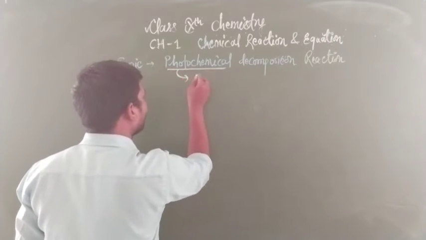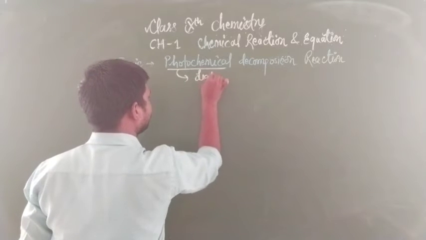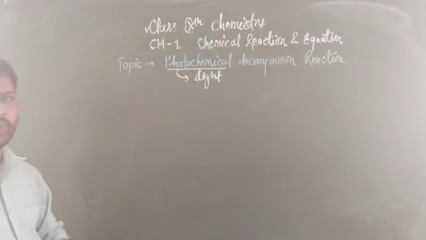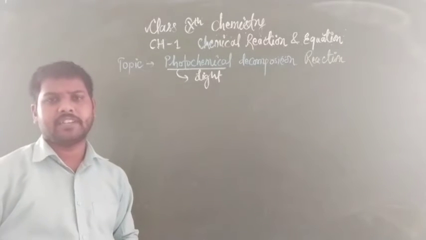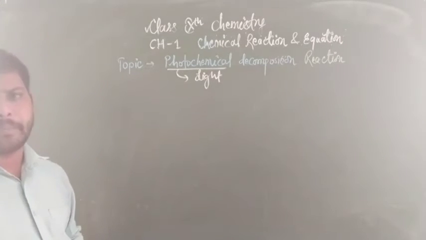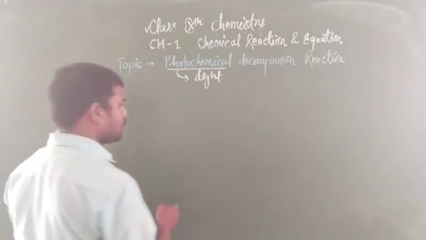Students, photo stands for light and decomposition means breaking of the compound in two or more parts. Okay? Now, let's do an experiment, and with the help of this experiment we will see how this reaction happens.